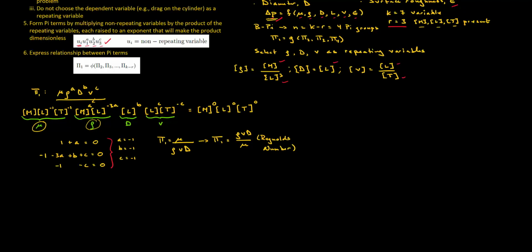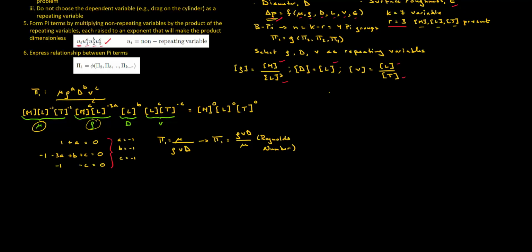Okay, so we've solved for the first non-dimensional group, or pi group, by multiplying our non-repeating variable mu by our 3 repeating variables that we have selected as rho, d, and v, each raised to unknown powers a, b, and c. Okay. What are some of the other remaining variables?